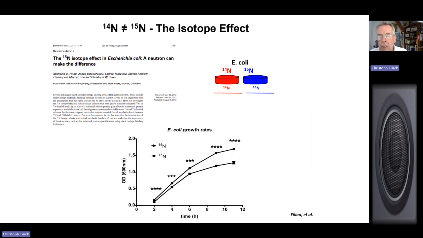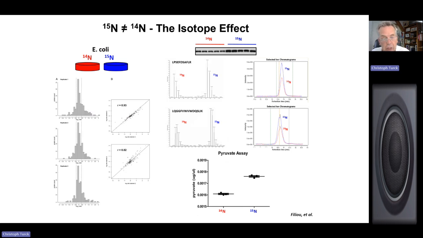We got a little curious about this, and my postdoc at the time, Michaela Filio, did a quick experiment. She cultured E. coli either in unlabeled media or in 15N labeled media, and found, lo and behold, that the 15N labeled bacteria grow slower than those in unlabeled media. Furthermore, she found differences in protein expression between the two E. coli.